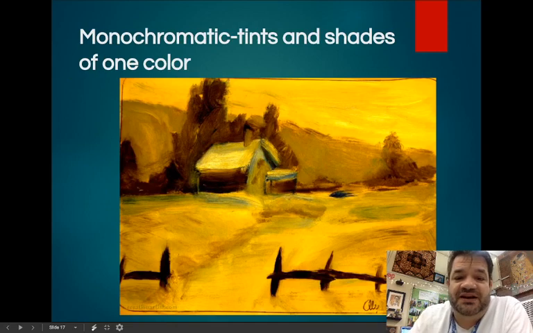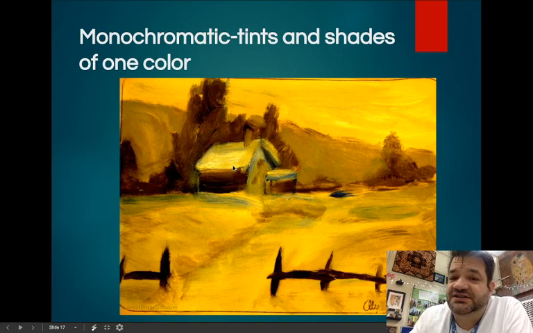A monochromatic picture is a picture that uses different kinds of one color. It uses tints and shades. Now, a tint is a color with white added to it, and a shade is a color with black added to it. So this here is a shade of yellow, and this is a tint of yellow.